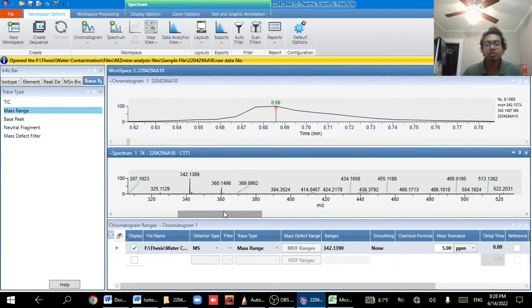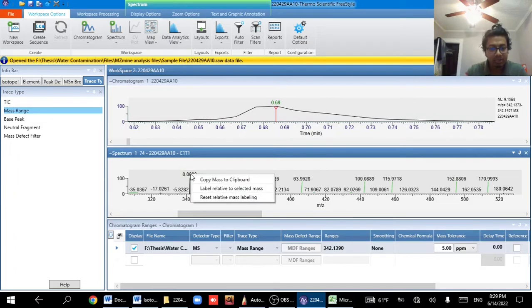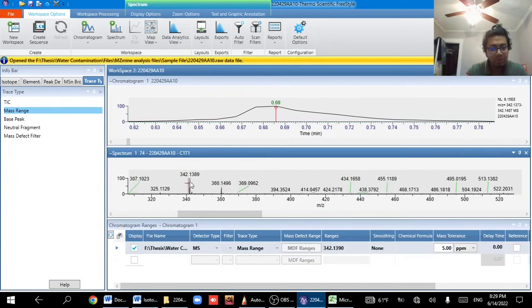So then what should I do? Okay, then right click here, and you can see Label Relative to Selected Mass. This is the second one, and if you click on that, it will show the difference of that mass. So I need to show you what the difference is.